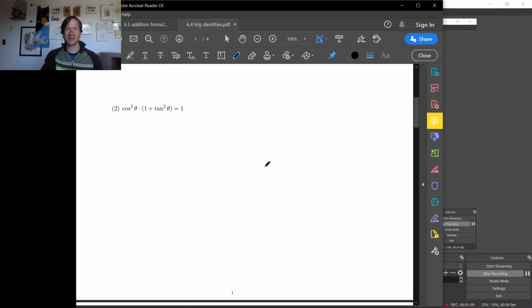Cosine squared theta times 1 plus tangent squared theta equals 1. I don't know, it seems plausible. There's nothing about it that makes me want to try to disprove it instead of prove it. So let's see what we can do. I have a couple ideas for how to start. We could start by distributing the cosine squared or by writing the tangent squared in terms of sine and cosine.